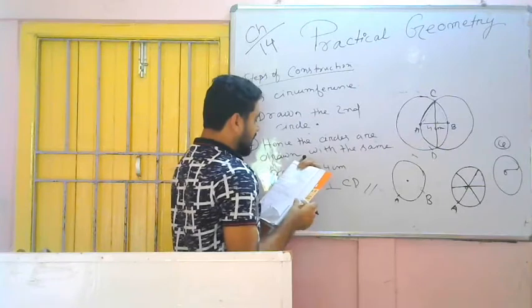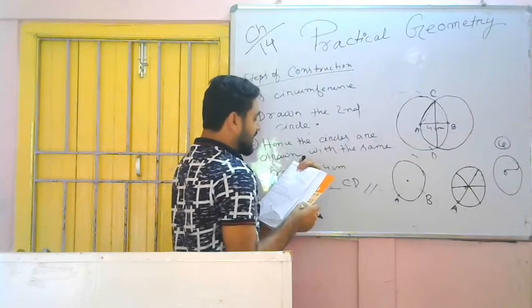Draw a circle with center O and mark any point A on it.